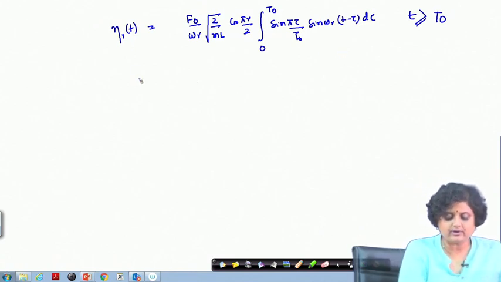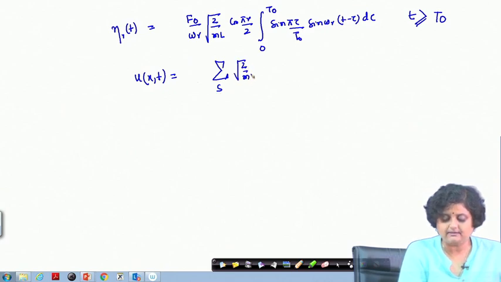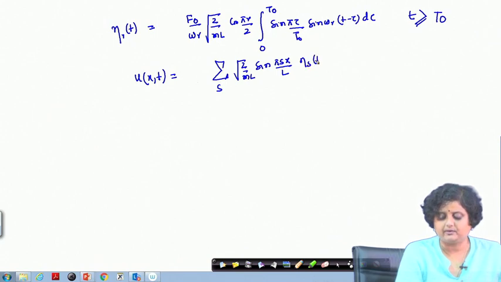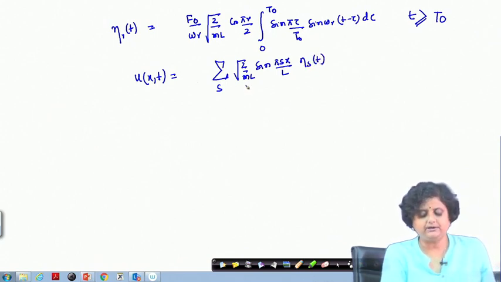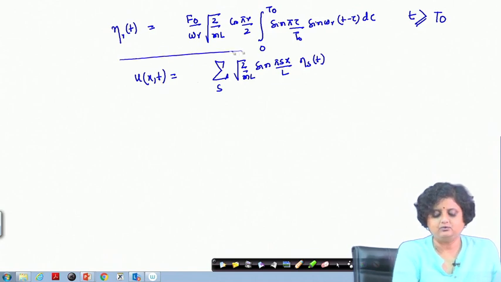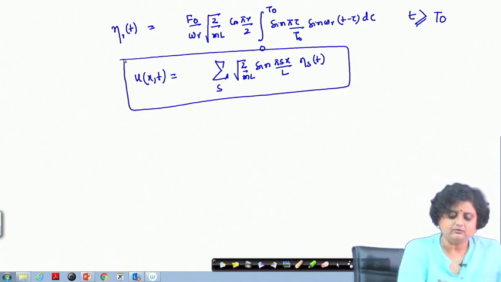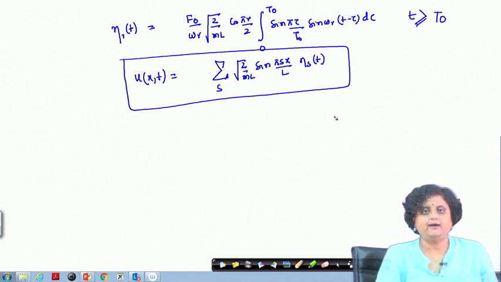Once we evaluate this integral, the vibration response is going to be u(x,t), which is the summation over s of root over 2 by m l sin(pi s x by L) into eta_s(t). So, I know all the parameters here, so I can find out the vibration of this. Now, this is the vibration where we have not considered the rigid body.